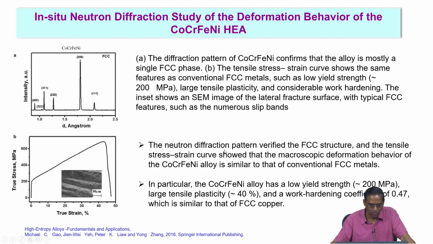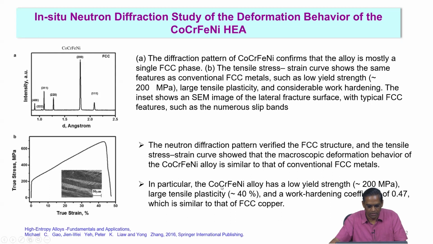What does neutron diffraction do? The neutron diffraction pattern verified the FCC structure, and the tensile stress strain showed the macroscopic deformation behavior of the cobalt chromium iron nickel alloy is similar to that of FCC metals. So, there is no difference in this case, even though this is a complex alloy, there is no significant difference.